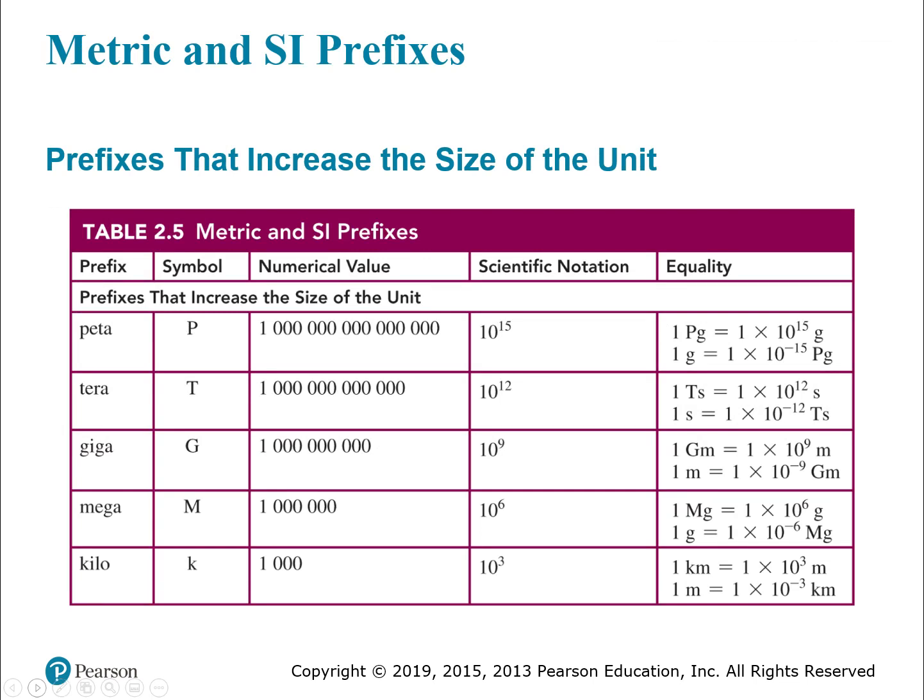These are the prefixes for the metric and SI units to increase the size of a unit. So if you're talking about a gram, or seconds, meters, any of those units that we've described before to talk about volume and time and all those things, we can increase the size of that unit by adding one of these prefixes.